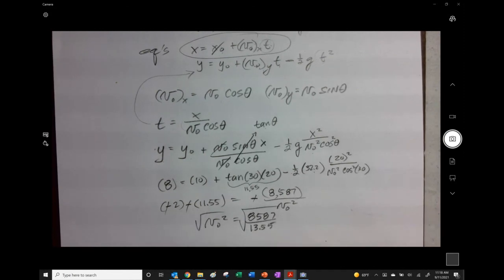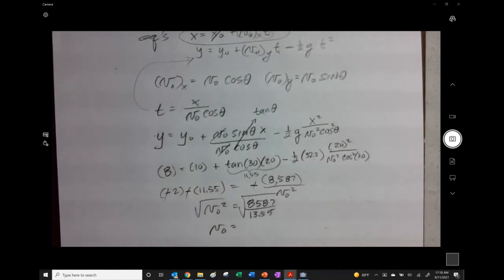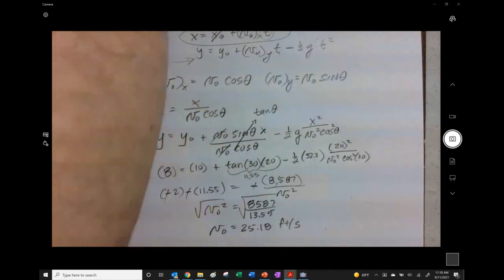I take the square root of both of those. V0, I think I'm okay. Yeah. Boom. And I get 25.18 feet per second, which is the answer, right? That's what we said the answer was going to be.